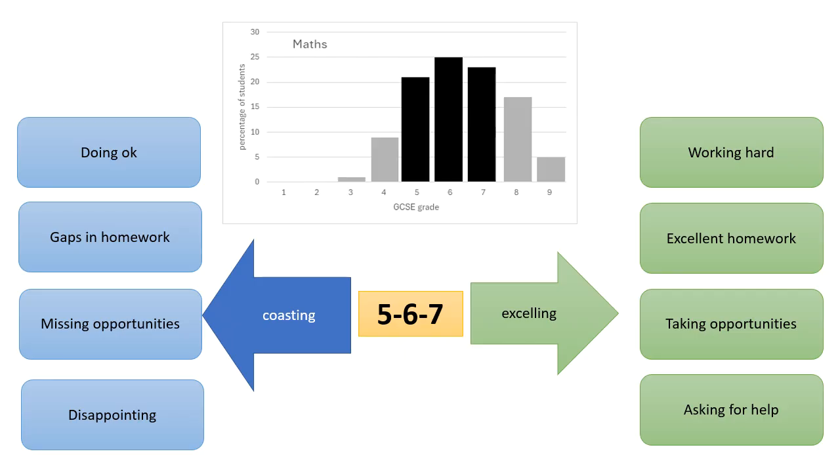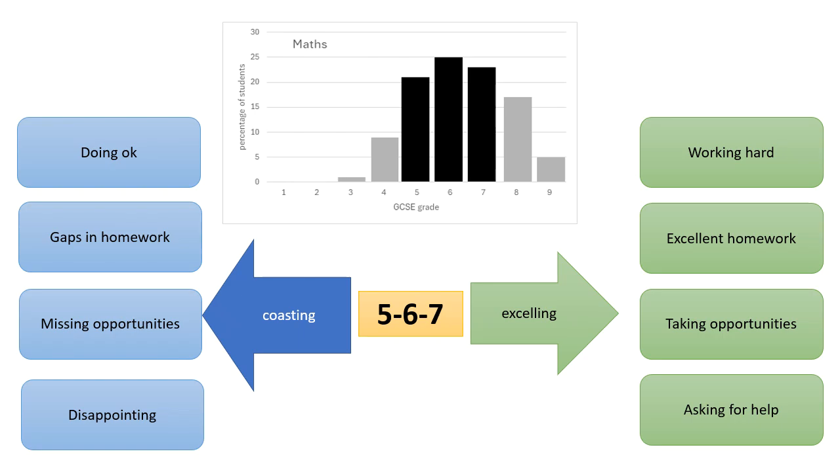But there are occasional gaps in homework. There are opportunities missed, occasions where they could have done a bit more and they didn't. In all, it's not disastrous. We might just say it's a bit disappointing. All of those factors together add up to coasting a bit more and ending up lower than we'd like it to be, and lower than you'd like it to be.